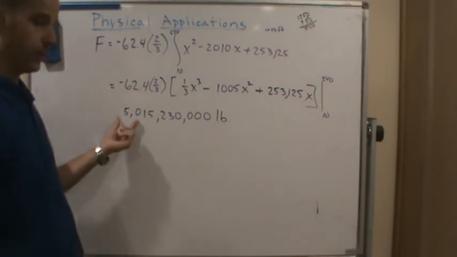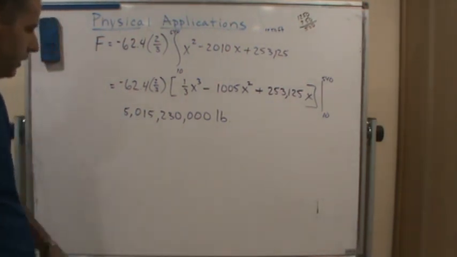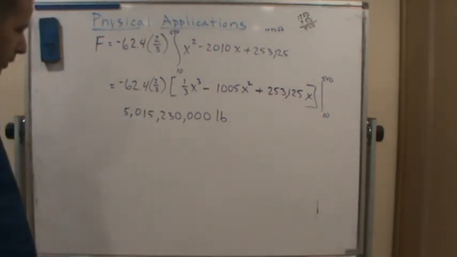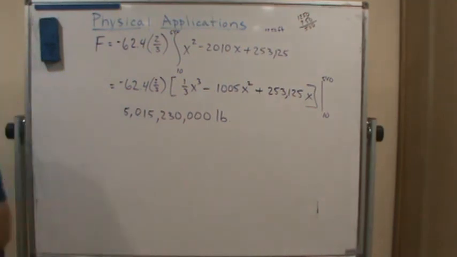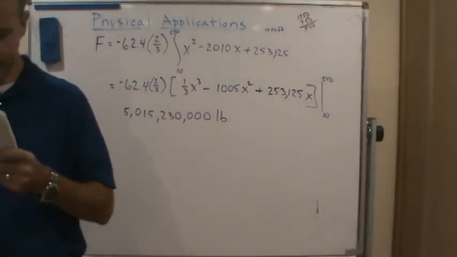So that's approximately 5 billion pounds of hydrostatic force. And that's it. You have a great day. Oh, hold on a second. Nope, I got another one. Here we go.